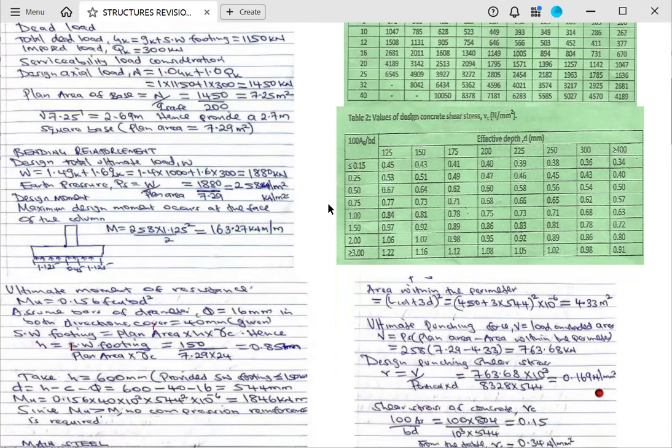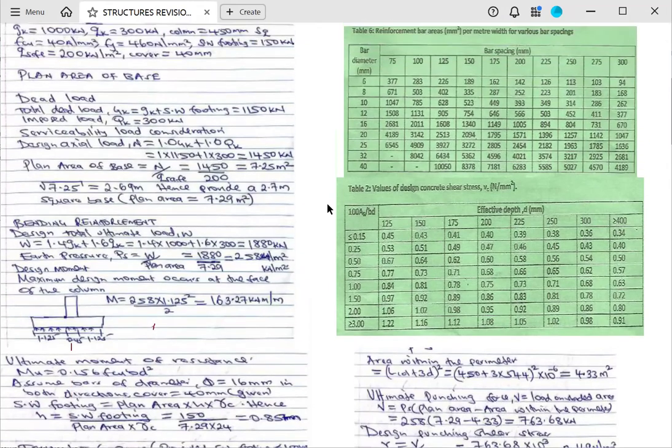Now at this point, you have to make an assumption of the diameter of the bar. I told you to make a competent assumption. Look at this reinforcement table. The diameter you assume must appear here.